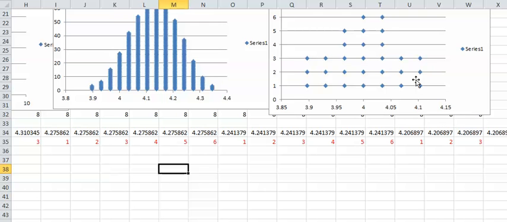We don't have any sample means above 4.1 out here. So this is the highest sample mean that I could get. But over here, I might end up getting a sample mean all the way out at 4.3 or a little bit higher.